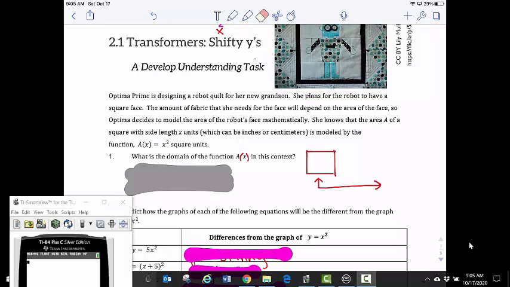Now, it can't go to infinity, but we don't know what the maximum length is, so we're going to say the area can be decided by the side lengths, which would go from 0 to infinity. X, the length, has to be greater than 0. Again, remember, x is what you put in the function, so you put the length in, and then it tells you how big the square is.